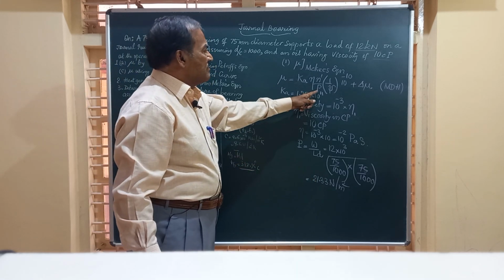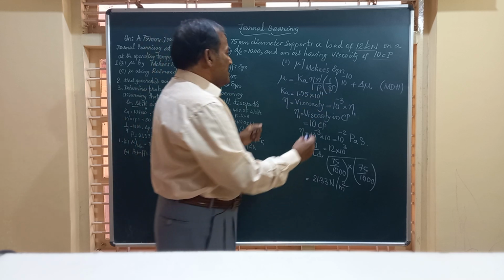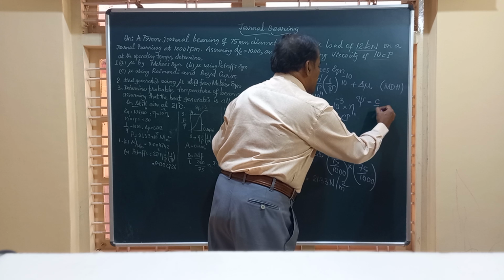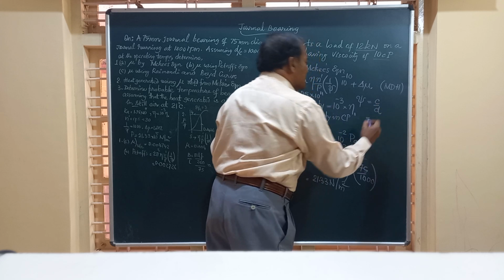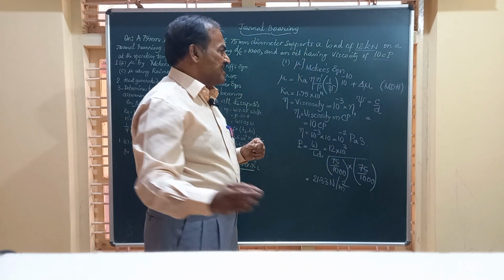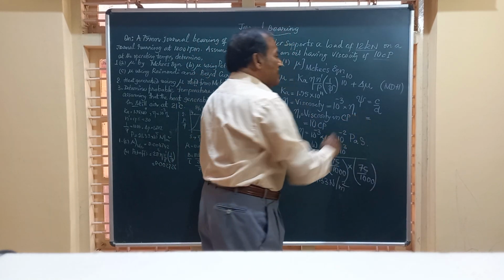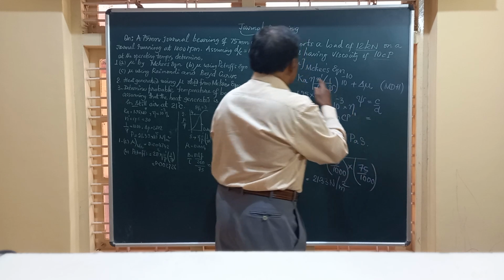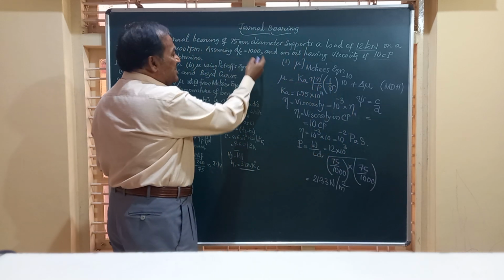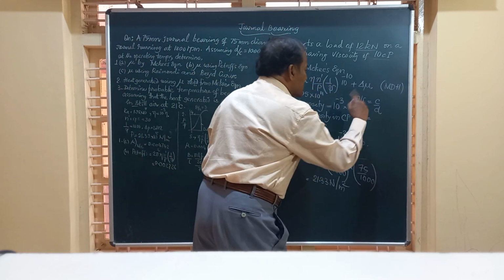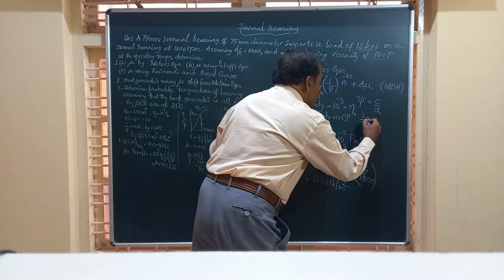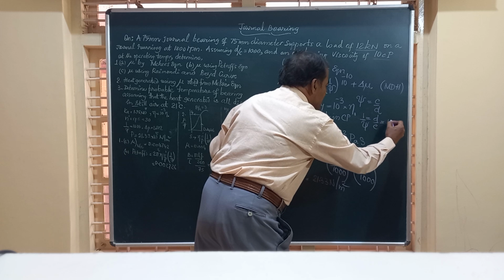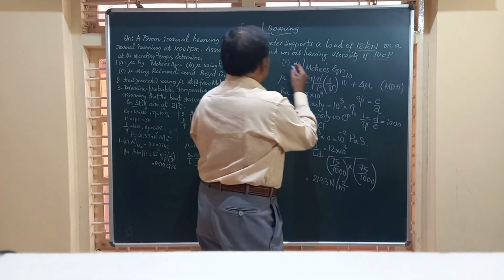Friends, you have a term called 1 by psi. This psi is given by C by D, where C is the diametral clearance and D is the diameter of the journal. So friends, the question is taking D by C equal to 1000. Therefore, 1 by psi is equal to D by C, that is equal to 1000 given in the data.